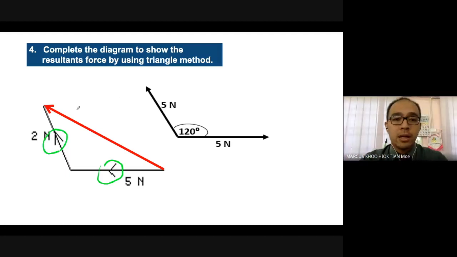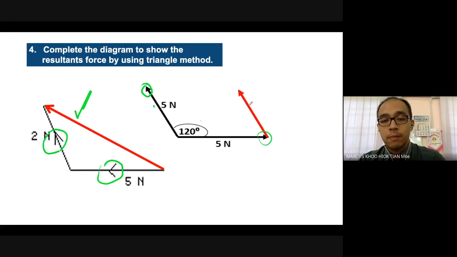Then the resultant force, they akan complete the triangle. But in the case of this one, you cannot because the direction of the forces are opposite ends. They are not bersambung. So how do I make it bersambung? I pindahkan here to this one. Saya pindahkan sini ke sini.